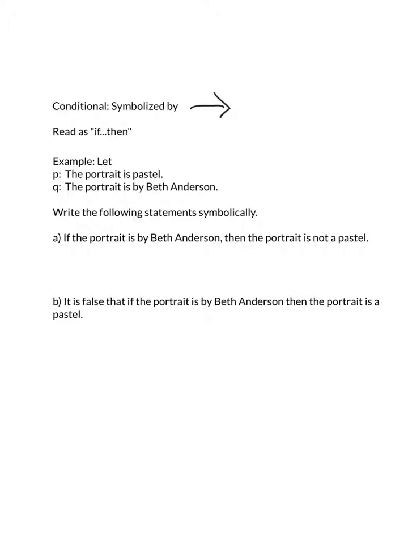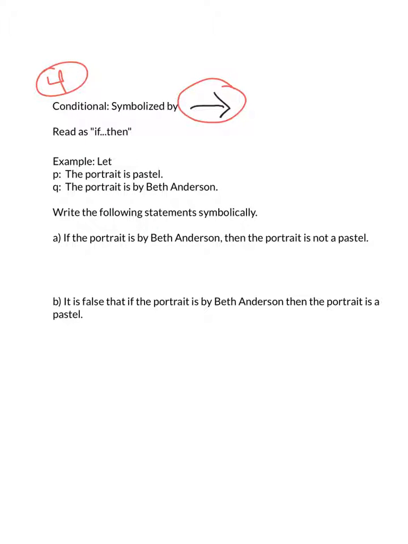On to our fourth symbol out of the five that we're going to encounter throughout chapter 3 when we're studying logic. In my previous video, I mentioned 3 out of the 5. We talked about the negation symbol, the conjunction symbol, and the disjunction symbol. The fourth symbol is the conditional, and it's symbolized by, surprise, surprise, yet another arrow.